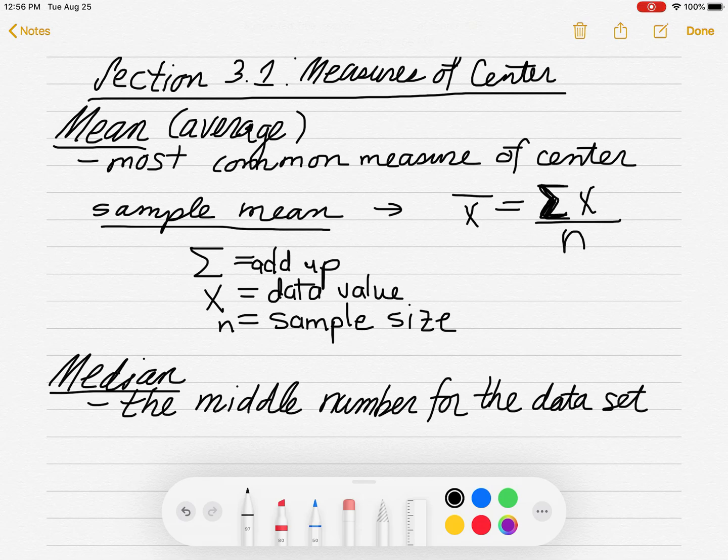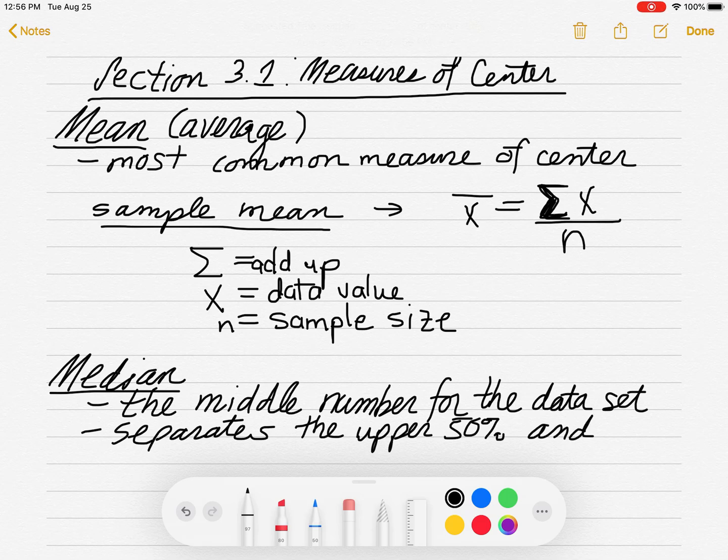So 50% of your data is below this number, 50% of your data is above this number. So it separates the upper 50% and the lower 50% of data.